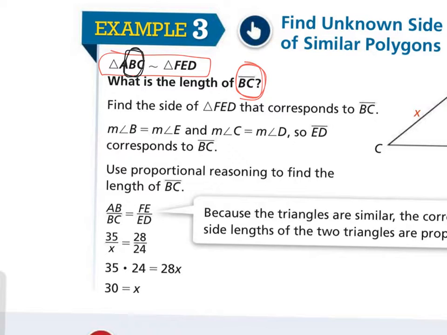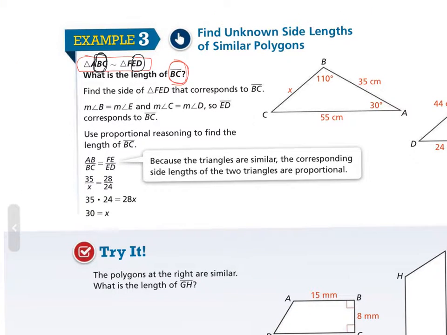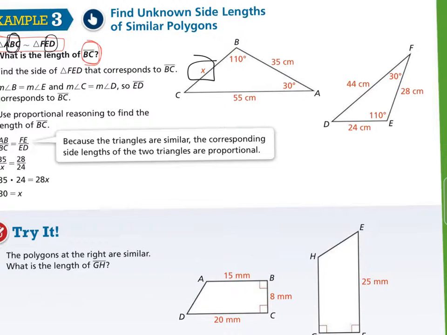BC is the last two letters, and it matches up with ED. That means those sides correspond to each other. So BC right here is X, that's what we're trying to find, and it matches up with ED, which is 24.